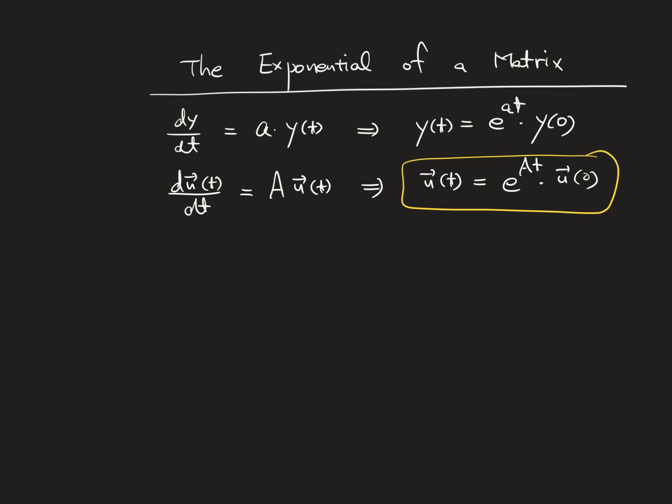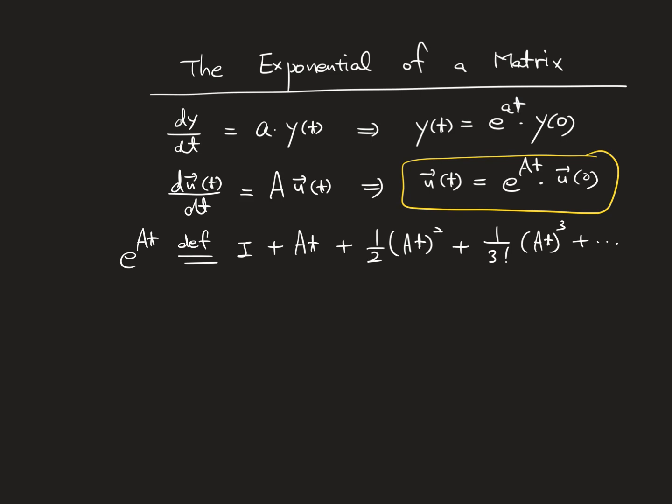So we define e^(At). This is a definition. We define it this way: I + At + (1/2)(At)² + (1/3!)(At)³ + and so on.